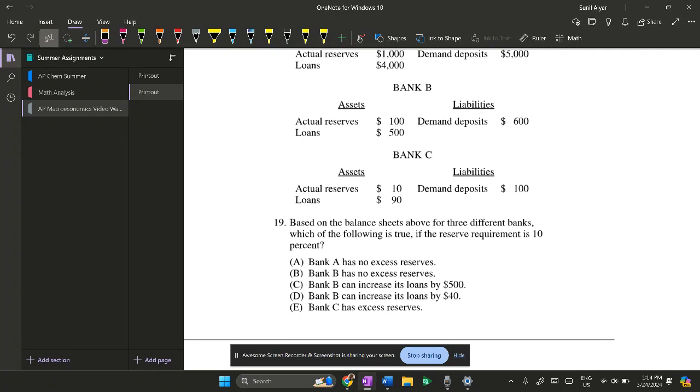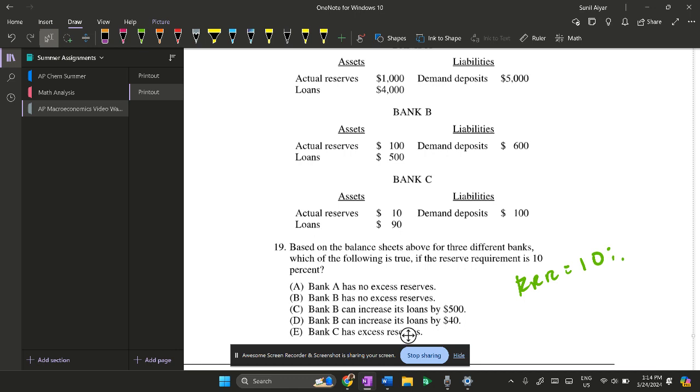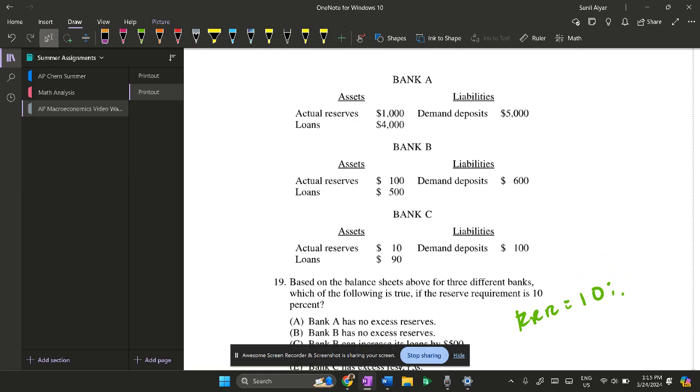Which of the following is true if RRR is 10%? Okay, so the required reserve ratio is 10. Let's just look at the answers. Bank A has no excess reserves. We're going to use our calculator for this.